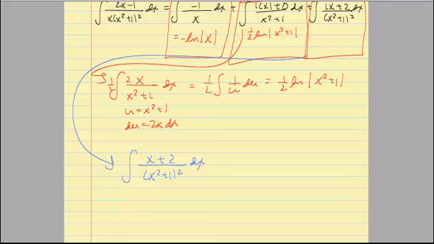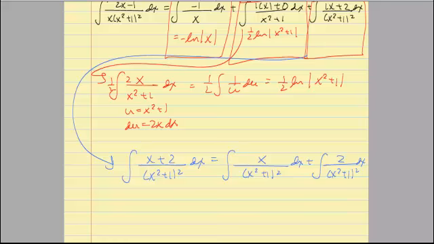This one is not going to be super obvious on how we're going to integrate this. If we look at this in terms of separating the numerator, I think we'll have better luck. So let's look at this as x over x squared plus 1 quantity squared plus 2 over x squared plus 1 quantity squared. So we're separating the numerator. Remember, you can never separate the denominator.